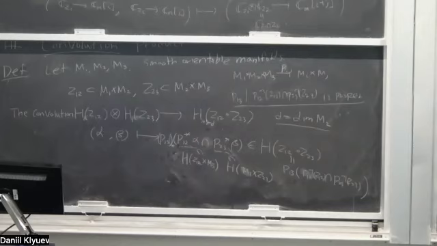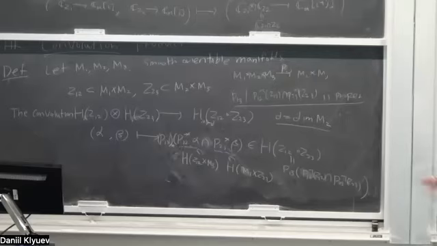When we have a proper morphism of smooth manifolds, then we can consider the pullback Z as a closed subset of M plus M over M. Then you can easily check that this Z, the correspondence, is identical.